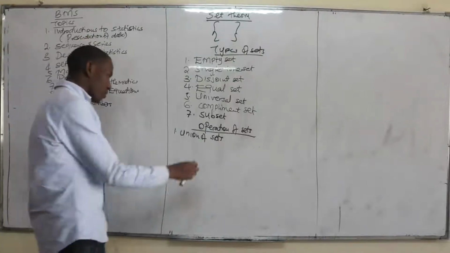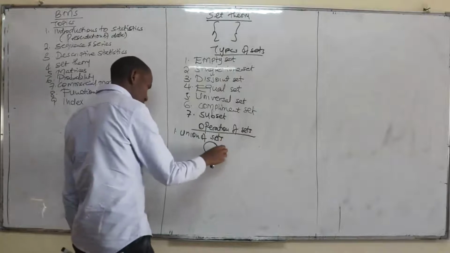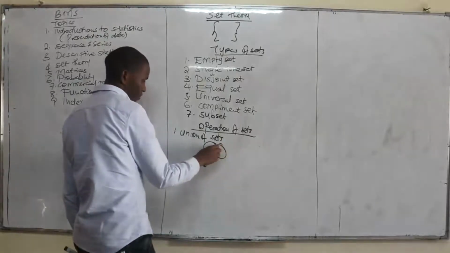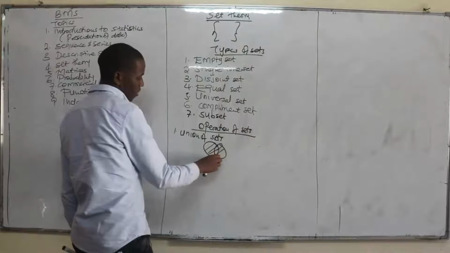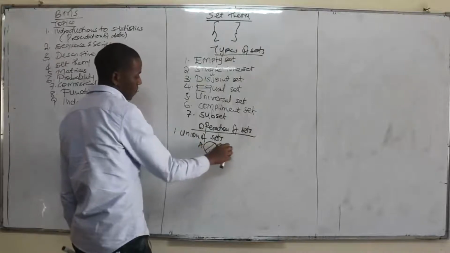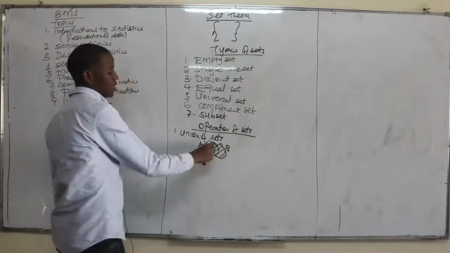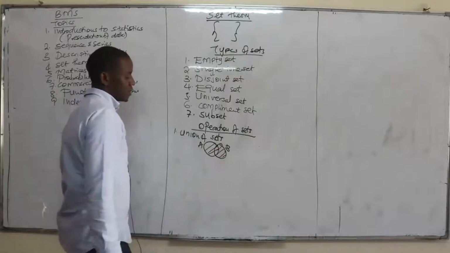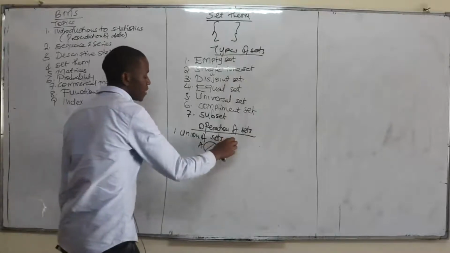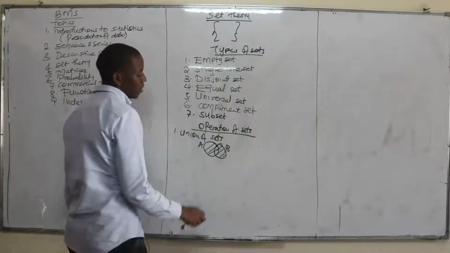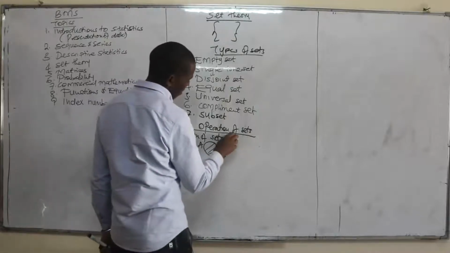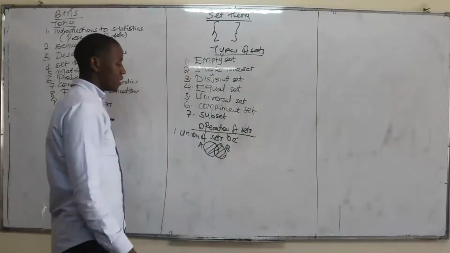For example, we may have set 1 and set 2, this is A and B. All these are what we call the union of sets. In this case, it is denoted by the word 'or'.